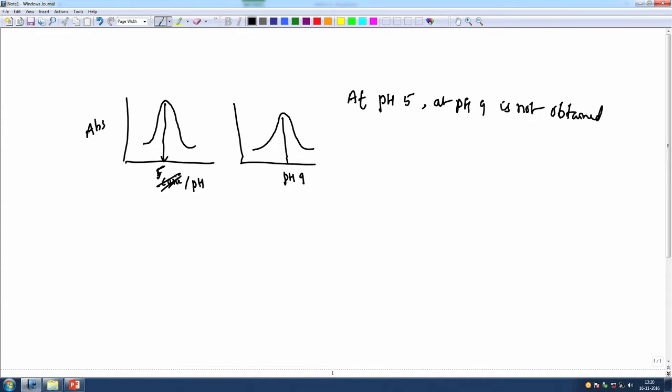If I work at pH 5, the pH 9 reaction will not occur, and if I maintain pH 9, the reaction at pH 5 will not occur.